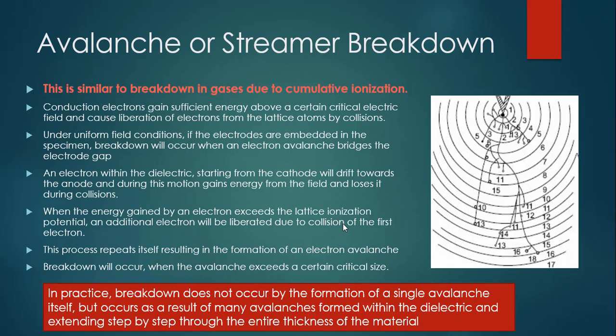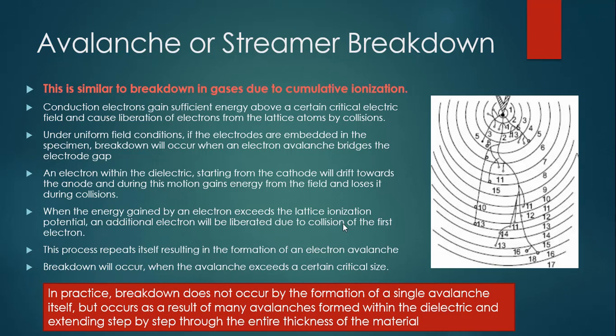Now we'll talk about the other theory, that is the streamer breakdown. It is similar to the streamer theory we have seen, where breakdown occurs in gases in streams. A similar thing happens for solids. This is similar to the breakdown of gases due to cumulative ionization.